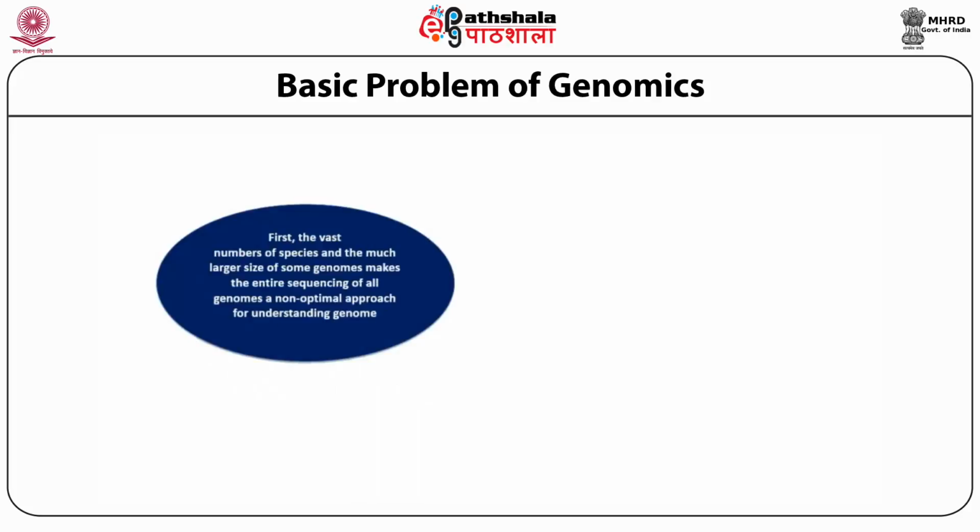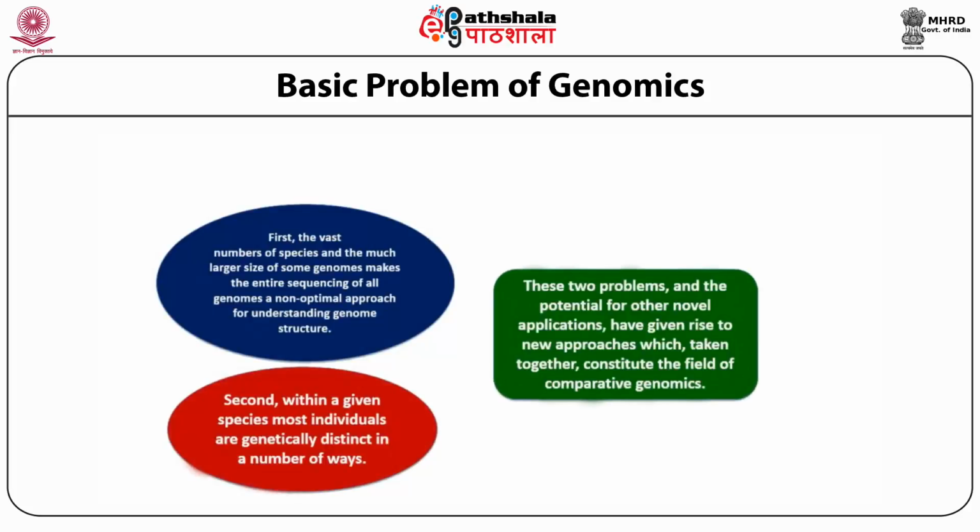We discuss the basic problems of genomics. First, the vast number of species and the very large size of some genomes make the entire sequencing of all genomes a non-optimal approach for understanding genome structure. Second, within a given species, most individuals are genetically distinct in a number of ways.